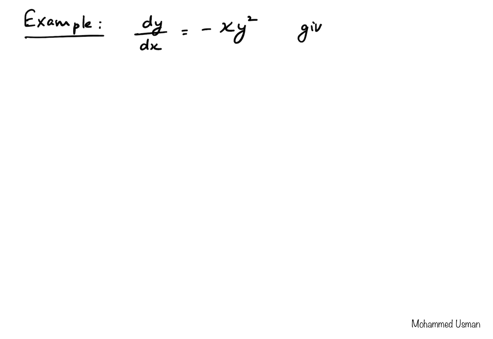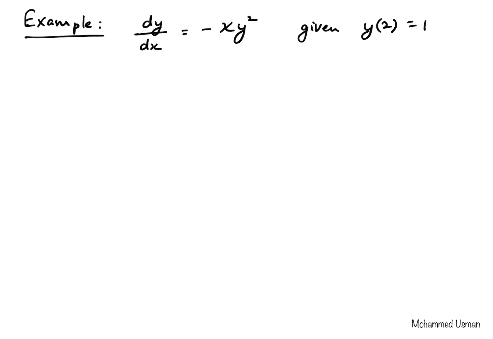So our example was dy by dx equals minus x y square, and the initial condition we had is y of 2 equals 1. That means x naught is 2 and y naught is 1.